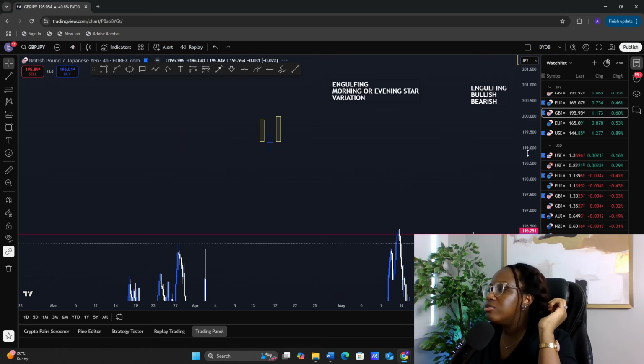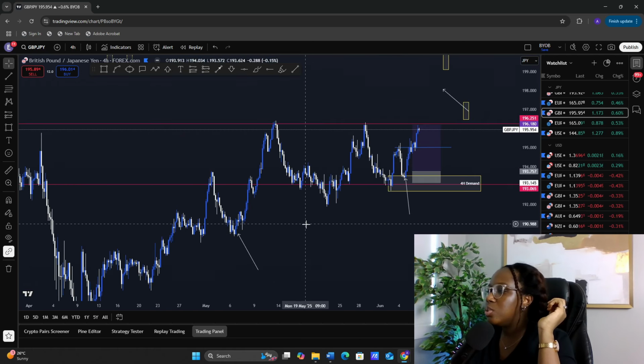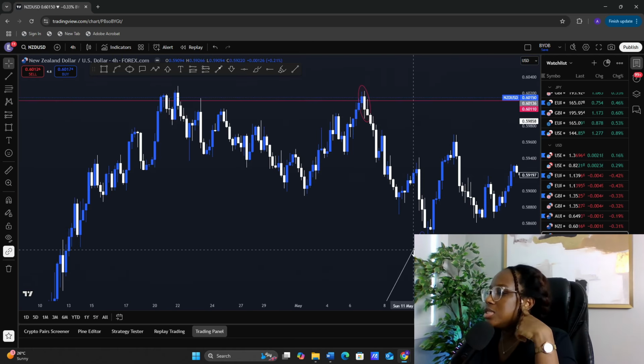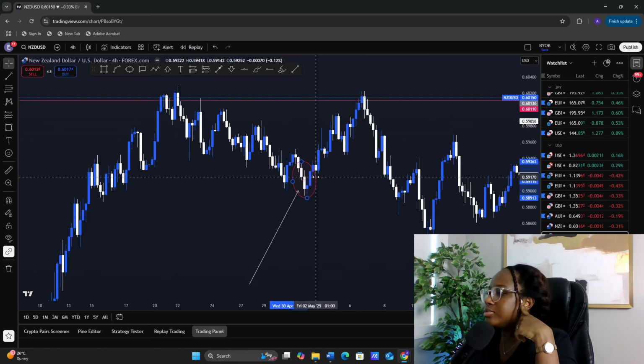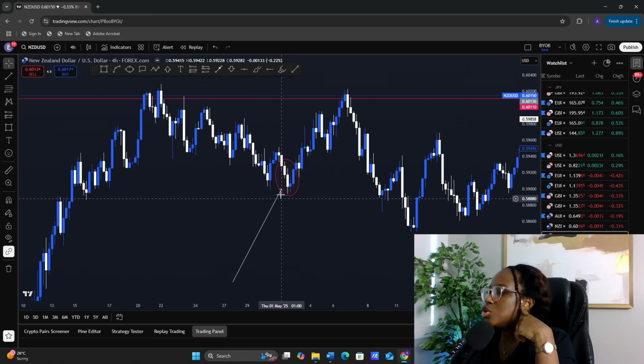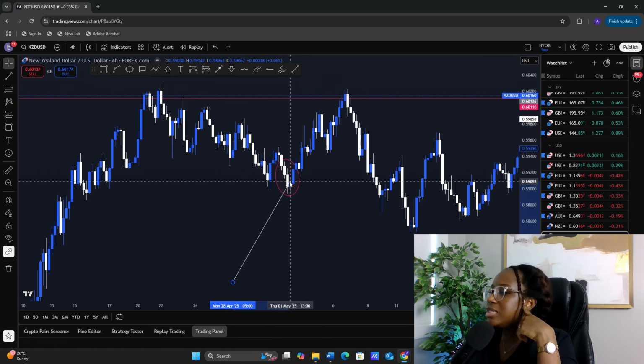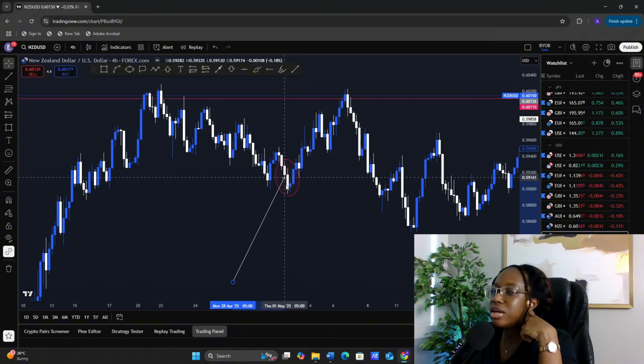Let me look for a live scenario so that we can look at it. This is NU. Here we see an example over here. We have a bearish candle followed by an indecision candle or a smaller candle, and then we have a bullish candle. So this would be seen as a morning star formation.